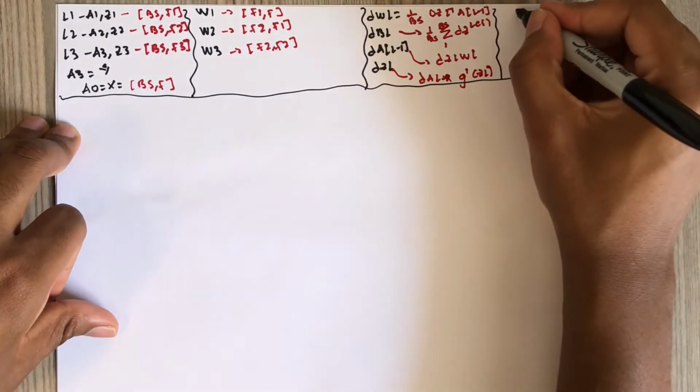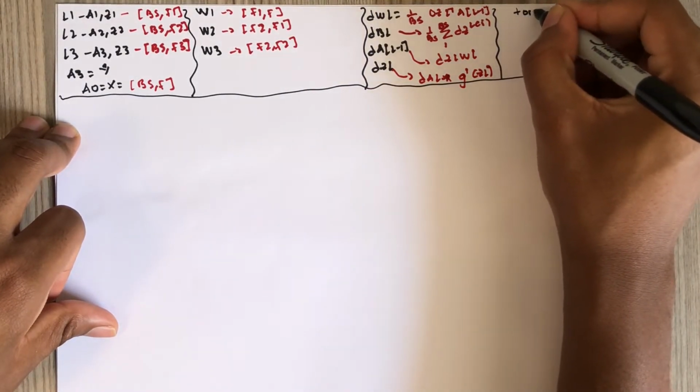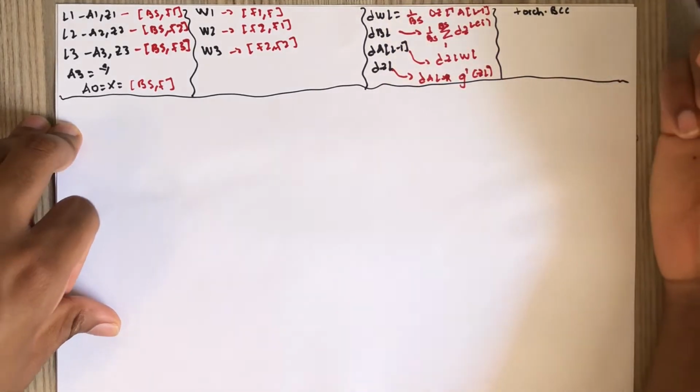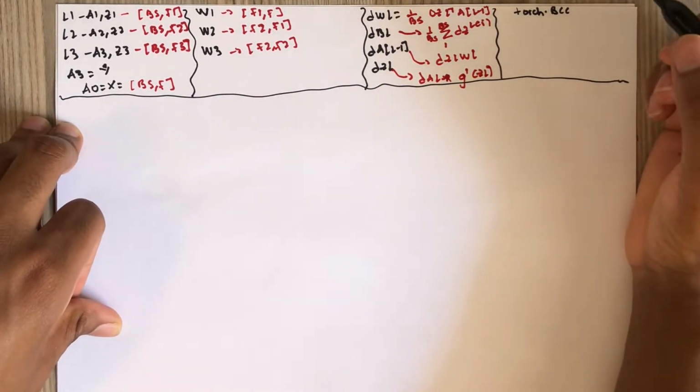and the loss function that we are going to use can be achieved in PyTorch using torch.bce, binary cross entropy.